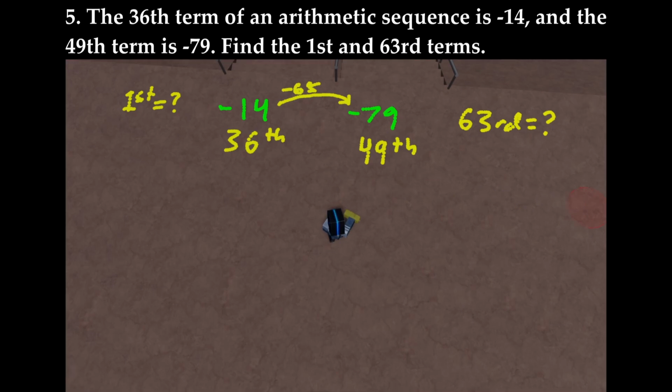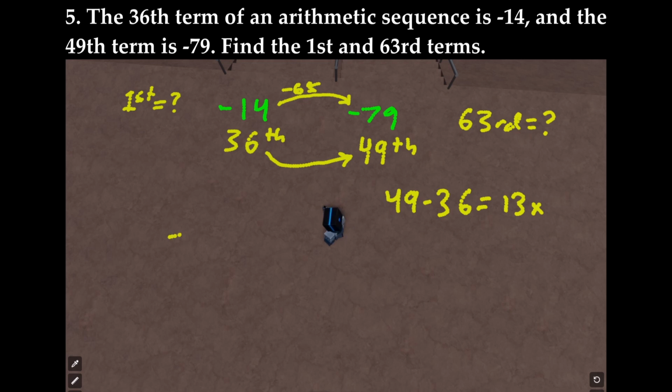And then now, to go from the 36th term to the 49th term, how many times do we add the common difference? Well, just do 49 minus 36. And if you do that, that's just 13. So in other words, the common difference, whatever that is, we added it 13 times to go from negative 14 to negative 79. So now let's set up a simple equation.